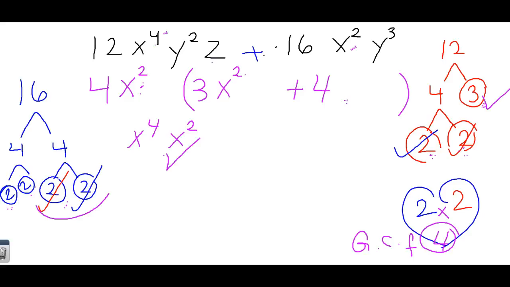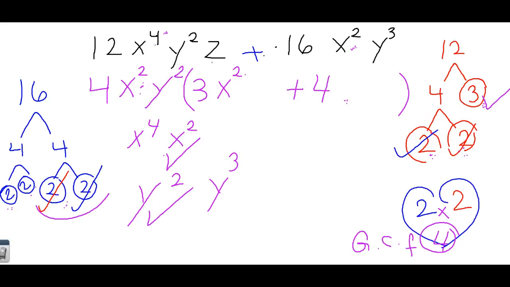Now, z is only here. So what else can be a common variable? Y. Awesome. So y squared and y cubed. Who has the least power? Y squared wins. So y squared will leave as the greatest common factor.